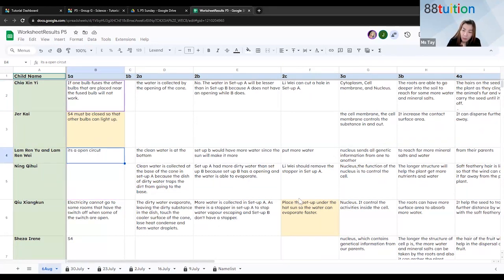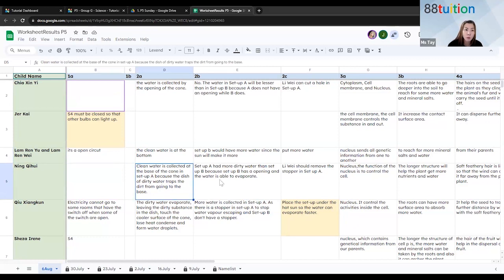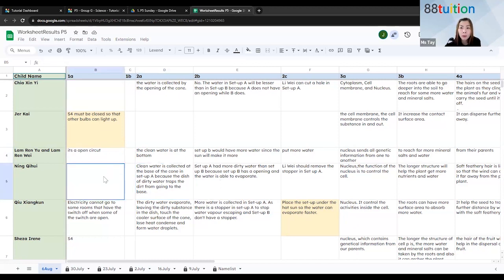They are talking about a disadvantage of the circuit. They are not telling you to identify whether it's open or closed. They are asking you, if we were to set up in this manner, what is the disadvantage? What is the bad thing about it if we arrange it like this? They are not asking you to identify whether it's open or closed.